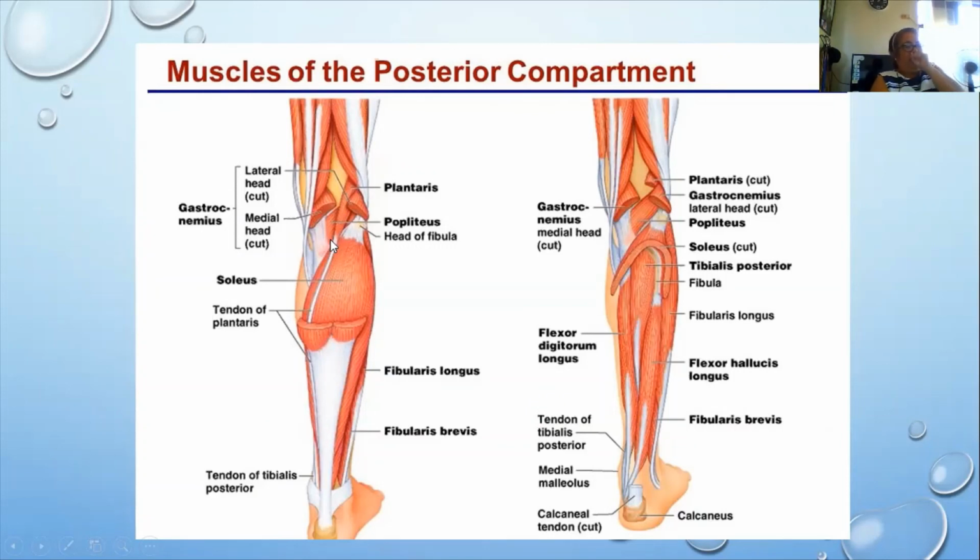But it has a much longer tendon. So for a freshman, this could be mistaken to be a nerve, a tendon being mistaken to be a nerve.